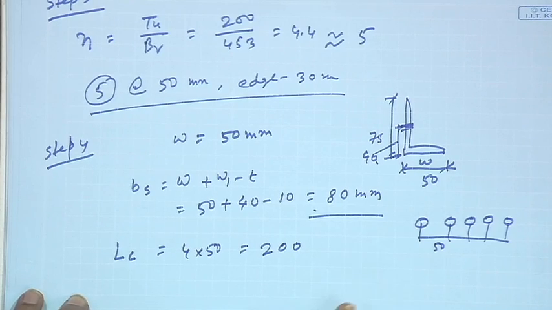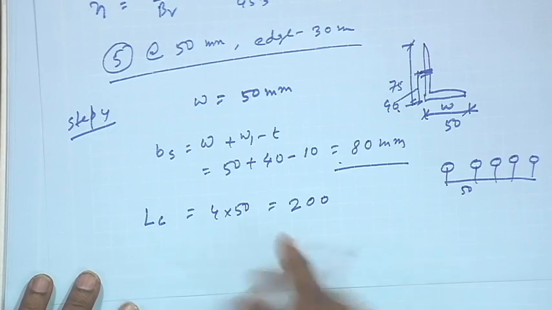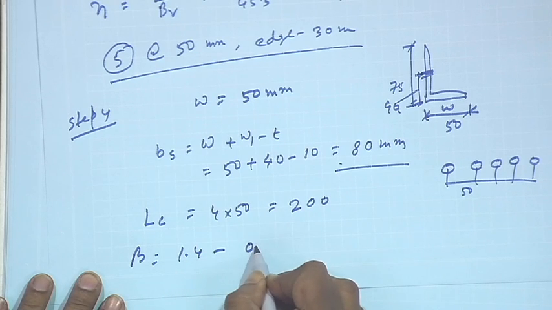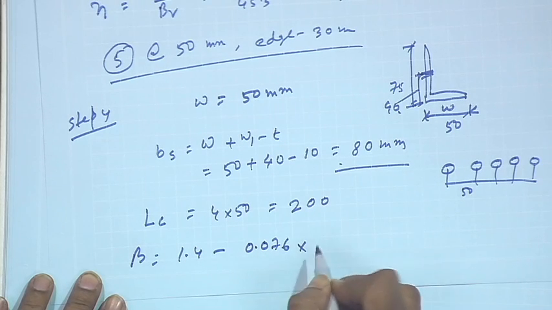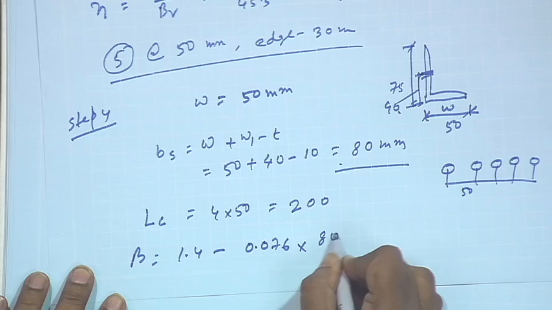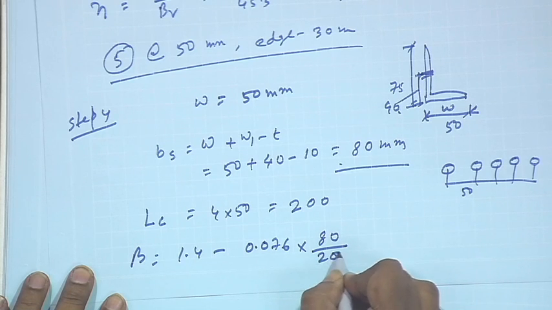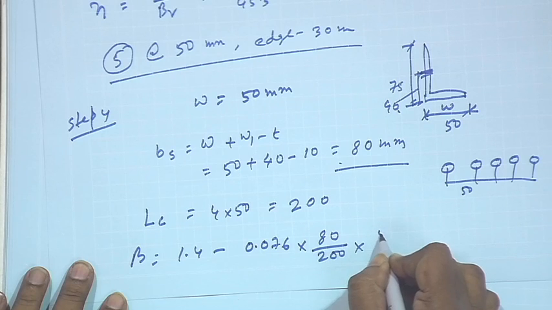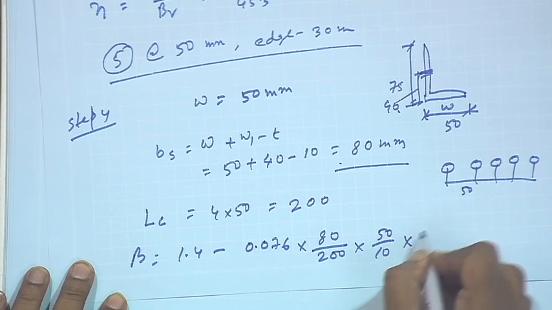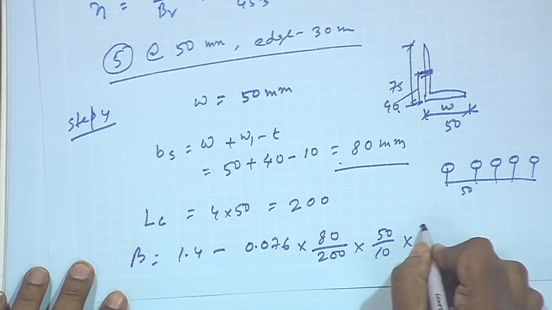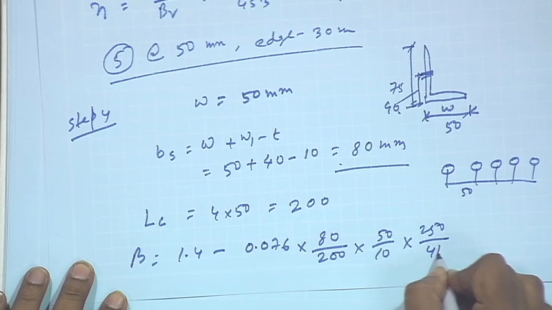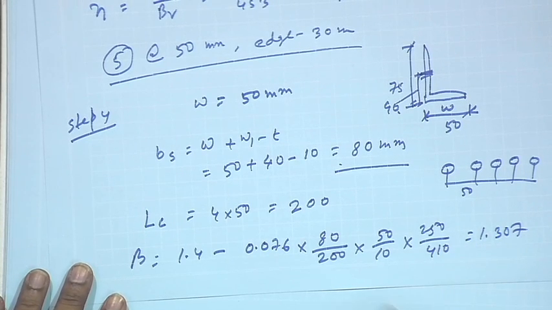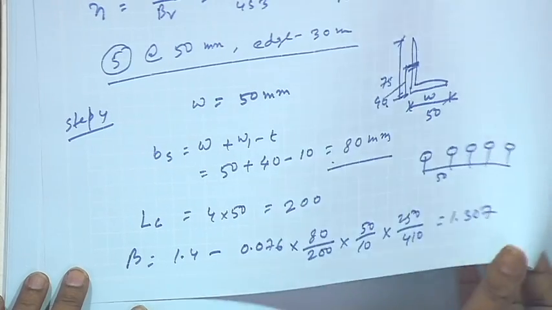So, from this I can find out beta as 1.4 minus 0.076 into Bs is 80 by 200 LC into W by T, that is 50 by 10 into Fy by Fu 250 by 410. So, I can find out 1.307, right.